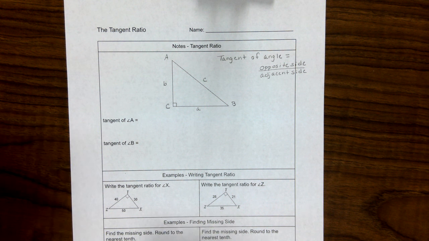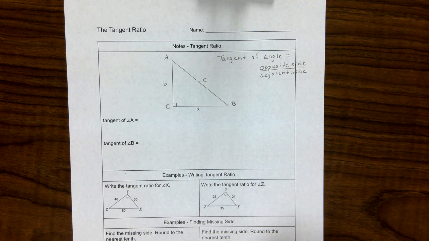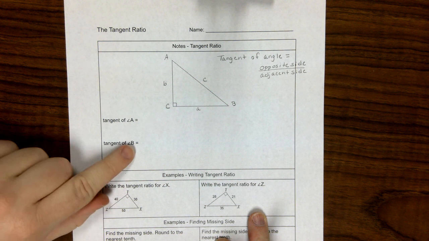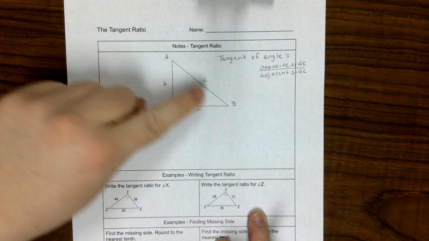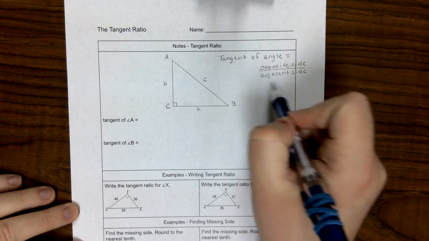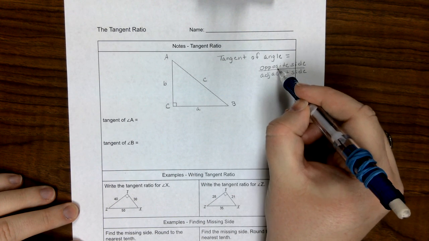Okay, and that is relative to what angle you're talking about. The tangent for A is not going to be the same as tangent of B because they're in different locations. But this is what you need to remember: tangent is opposite over adjacent.